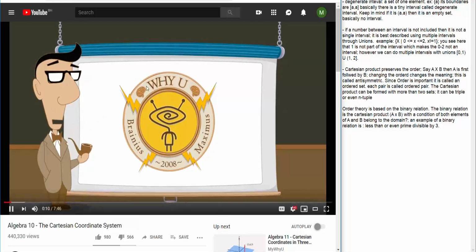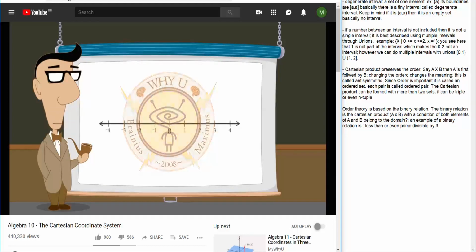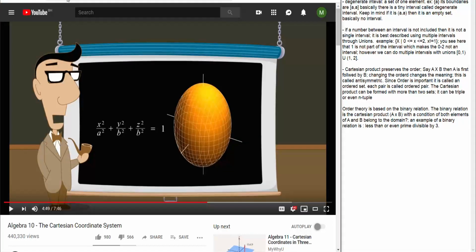We have seen that sets of real numbers can be visualized using the number line. Apologies, I had paused the video and I've been going through all of this.